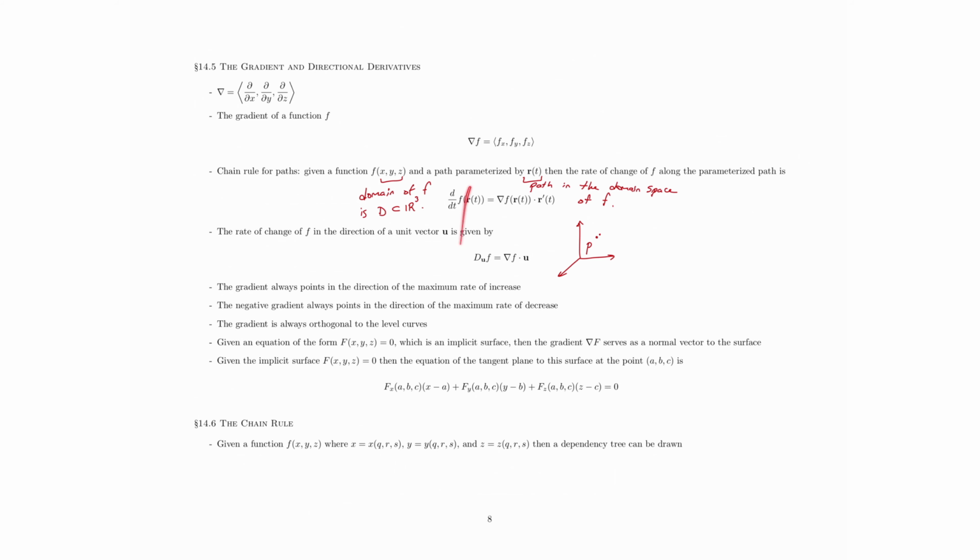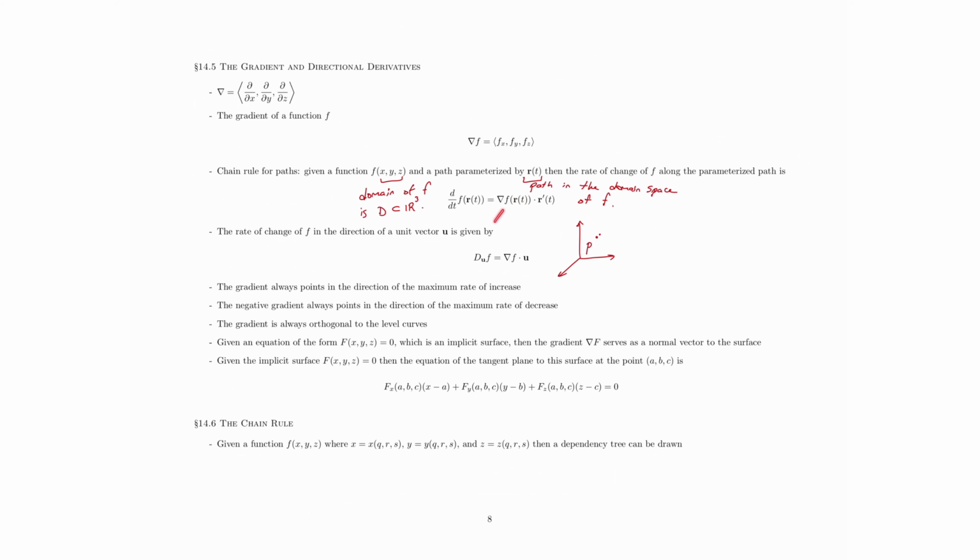So the main difference between these two things is that this one is capturing the natural rate of change due to the nature of the function alone and nothing else, where this one actually takes into account the path you're on.